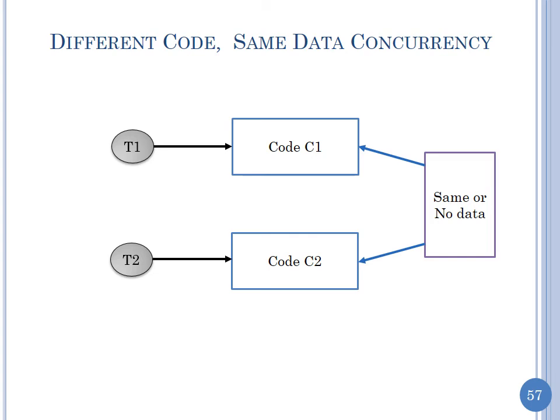Okay, so now let's come to something more complicated, something similar to the kind of parallelism we did in A2. I want different data, different code, same data concurrency.